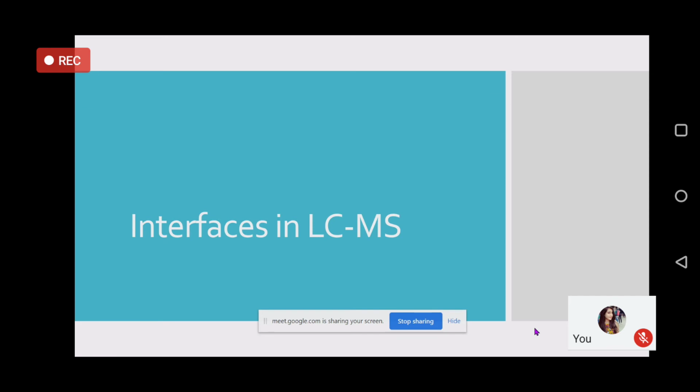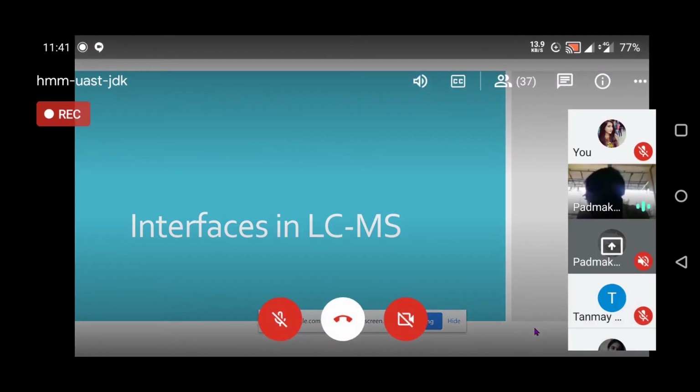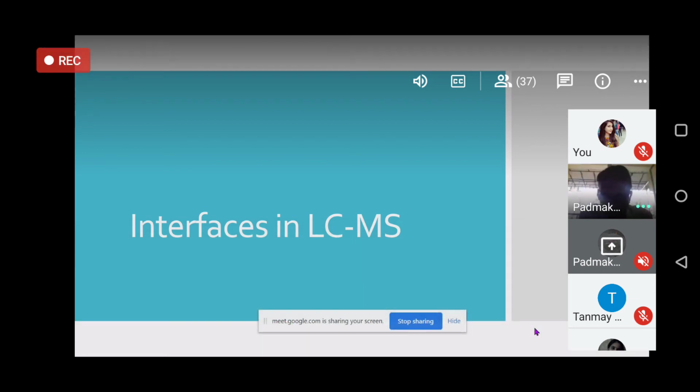Is this clear? Any doubt, any query, any question about this part before we start on the different types of interfaces that are going to be used?